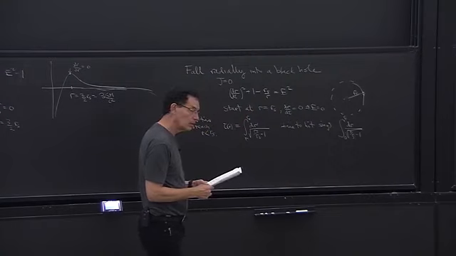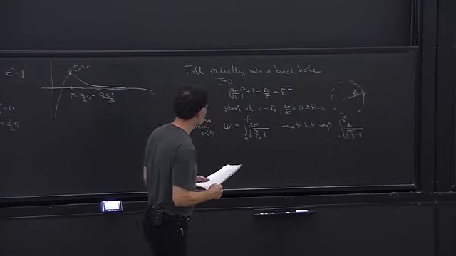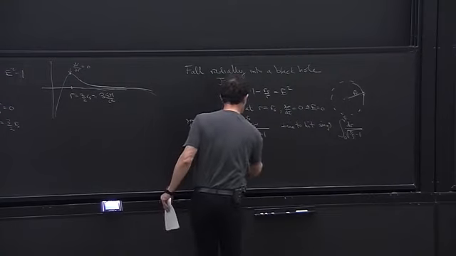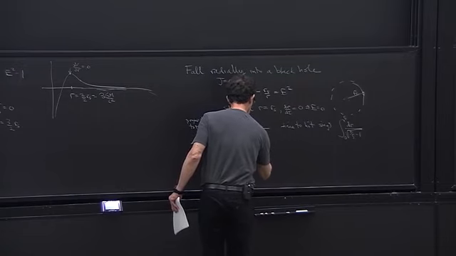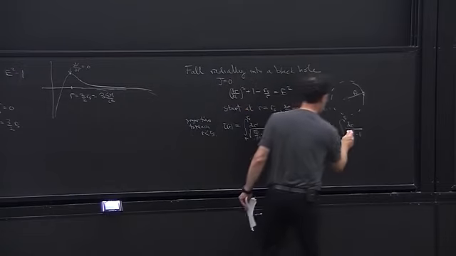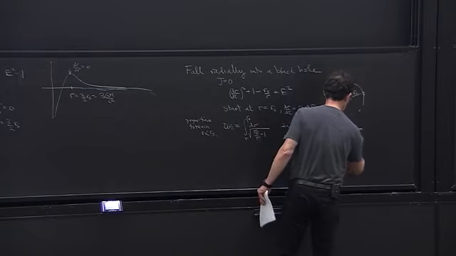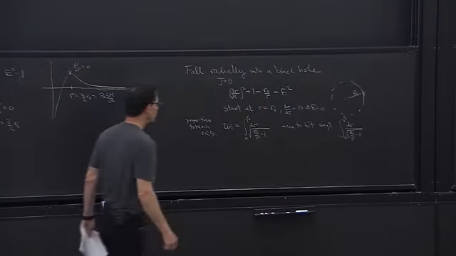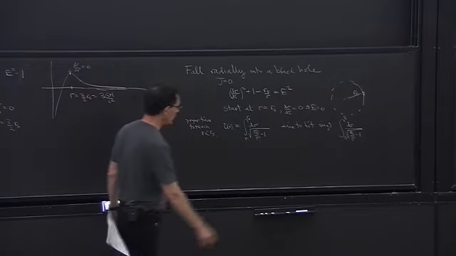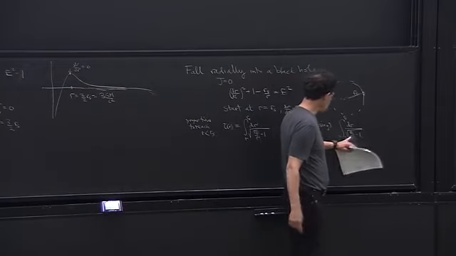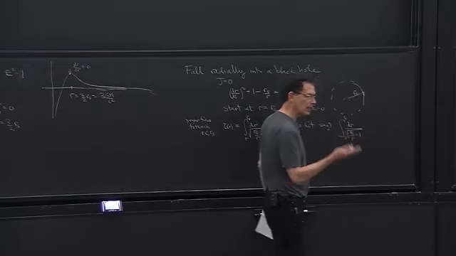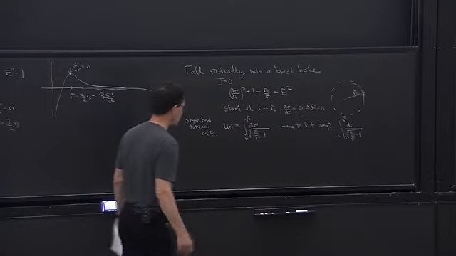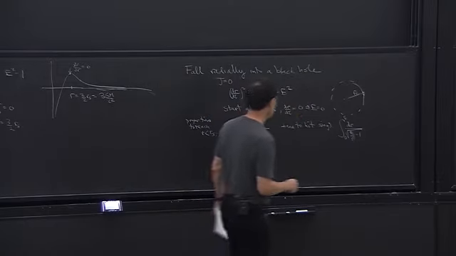So, Rs over r. Yes, that quantity is bigger than 1. And the integral is finite because it has a 1 over square root singularity.